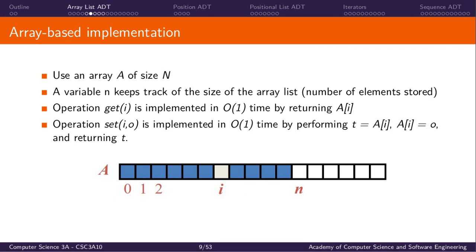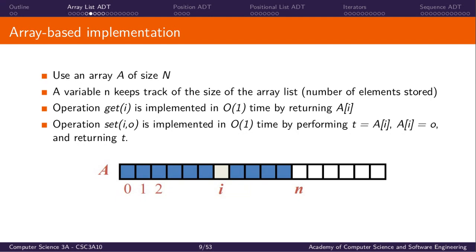Whereas add I should actually insert at that position I, and everything that comes after it, in fact, including what was there before, will be shifted to the right by 1. So adding won't take constant time because you have to change the indices of everything by actually moving them up in our array, whereas by setting, we're simply replacing what was there. However, if we're adding at the end of our list, then it will be constant time.